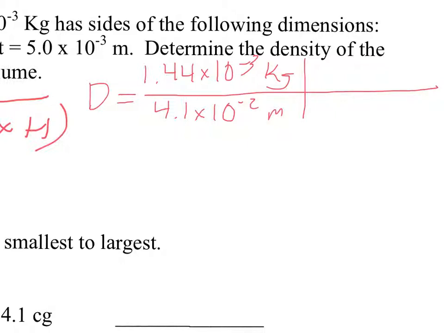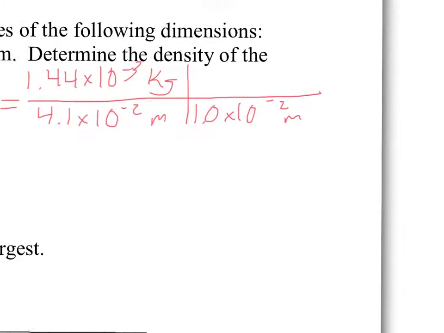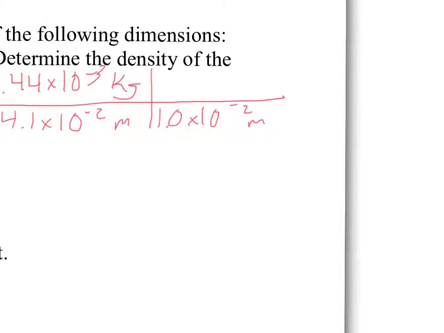I'll put another one down here, 1.0 times 10 to the negative 2 meters. And I'm going to continue on a little bit. We'll say 5.0 times 10 to the negative 3 meters.